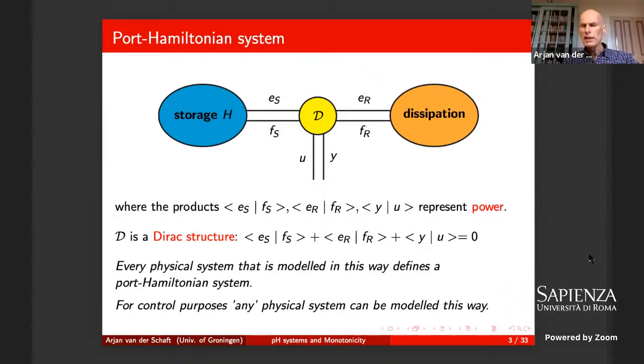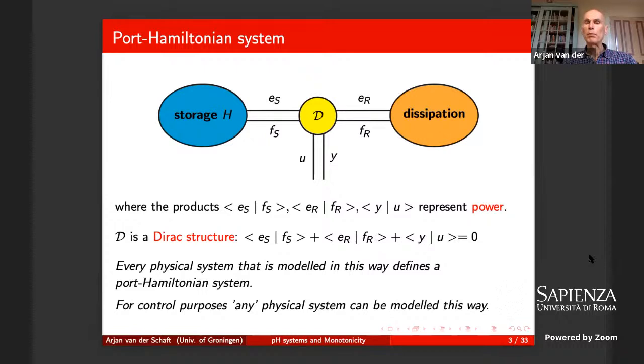And then thirdly, there is this yellow balloon, which is the Dirac structure, as we call it. That is containing the basic interconnection laws, like Kirchhoff's laws, as well as elements like transformers and gyrators that do not consume or store energy.